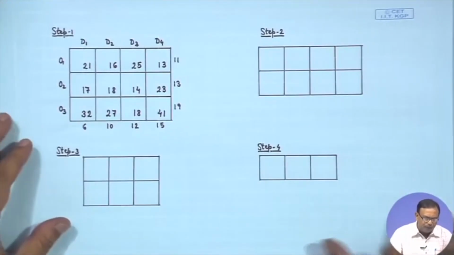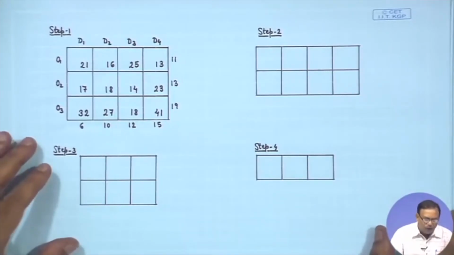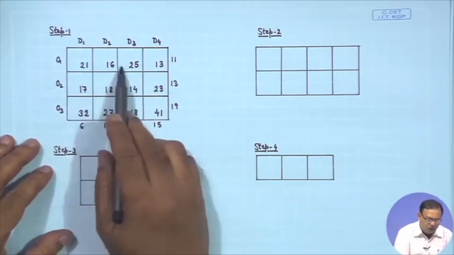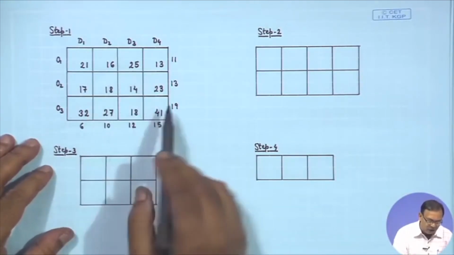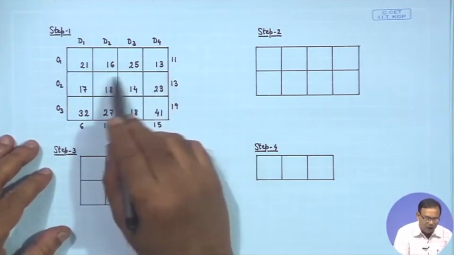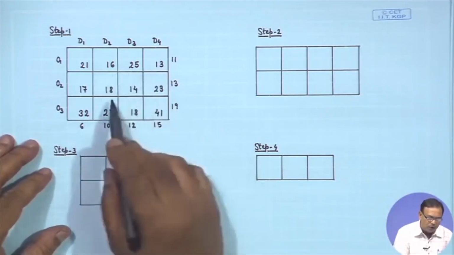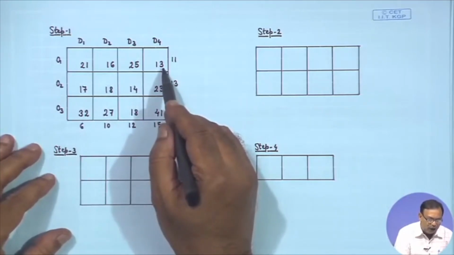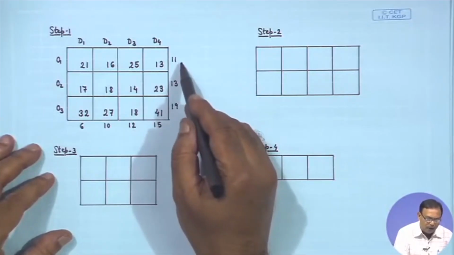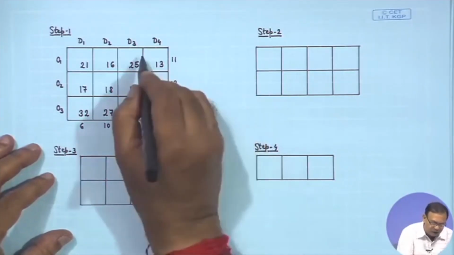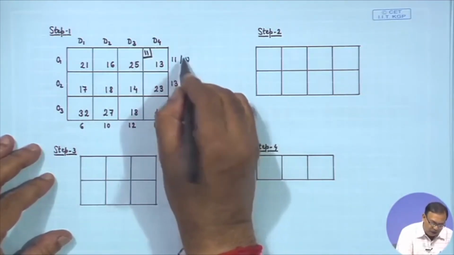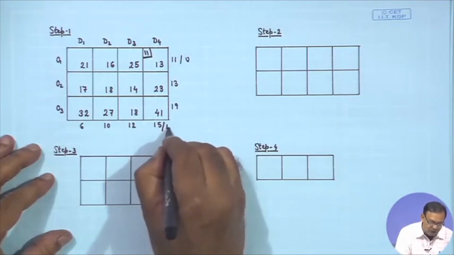So, let us take the same problem again. The minimum of all the cells is coming to 13, this one. The minimum cost for all the cells of the matrix is 13. So allocate on this cell the minimum of 11 and 15, which is 11. You are allocating 11 over here, so that this becomes 0, this becomes 4.